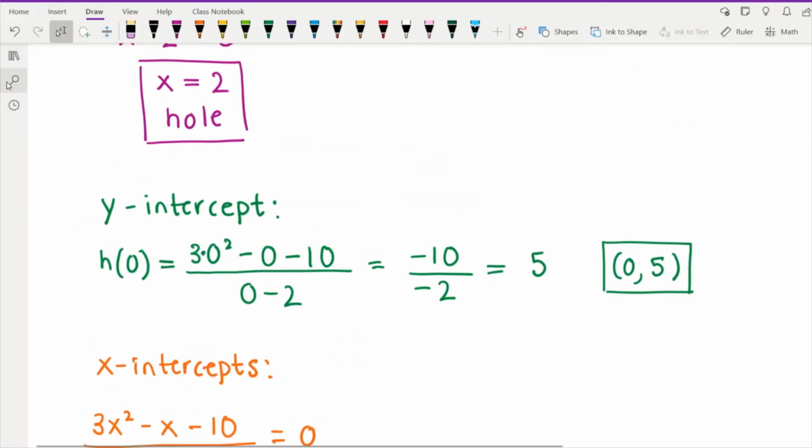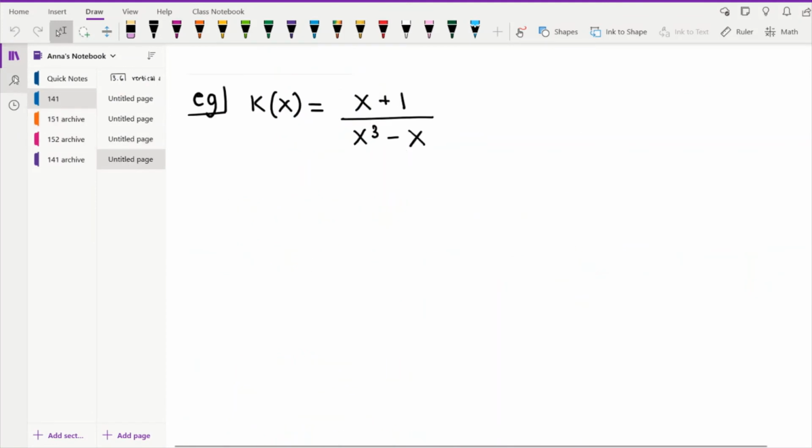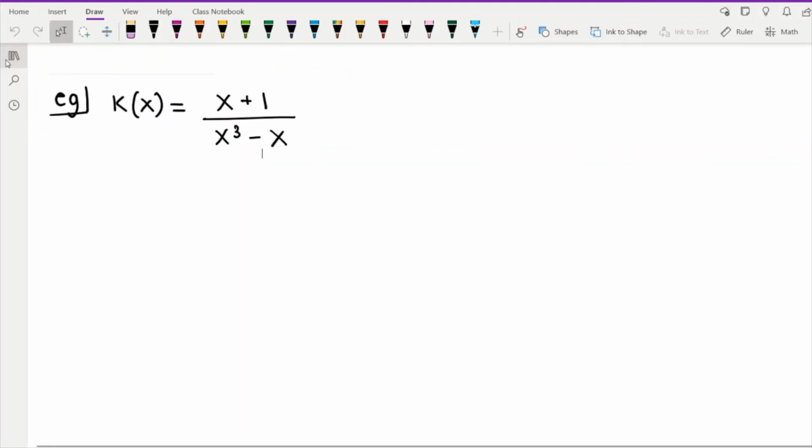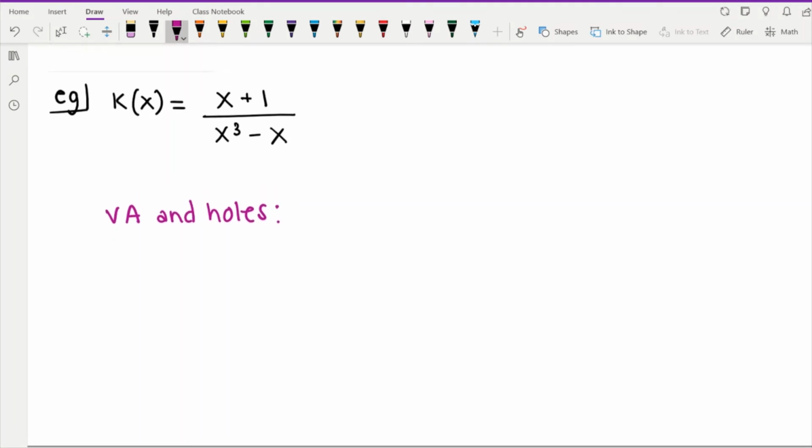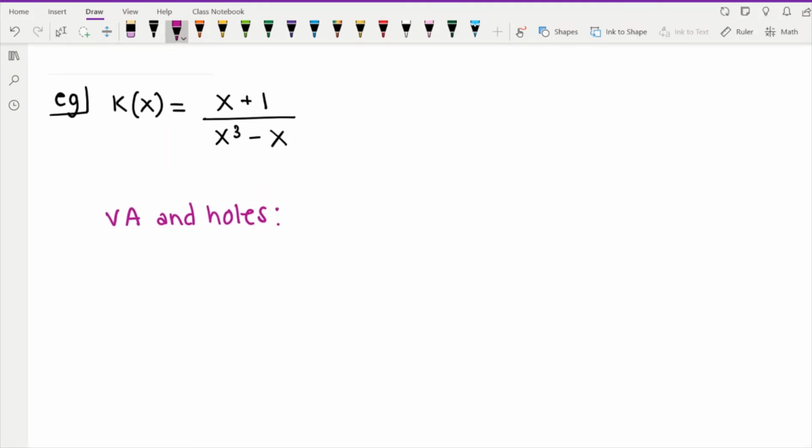Okay, one more example. So again, we're just going to go through the same process. So we're going to start by finding the holes and vertical asymptotes, and then we'll find our intercepts. So the vertical asymptotes and holes are going to occur when the denominator is equal to 0.